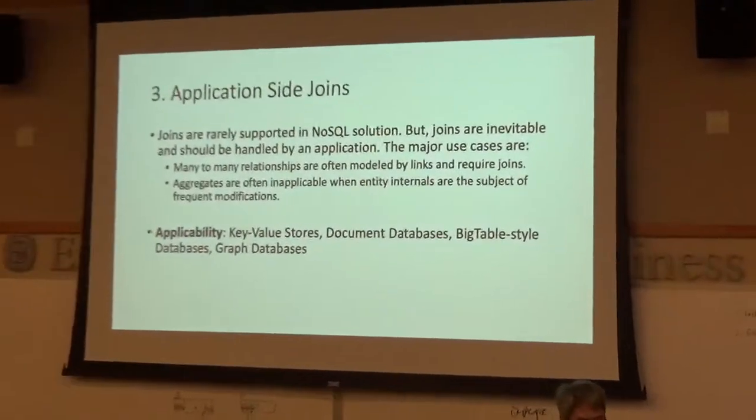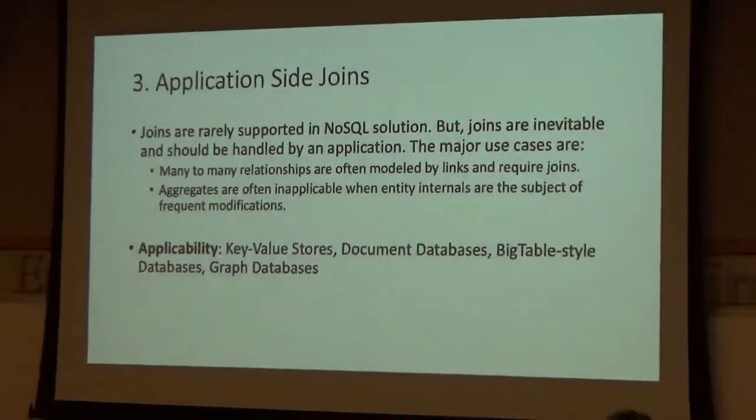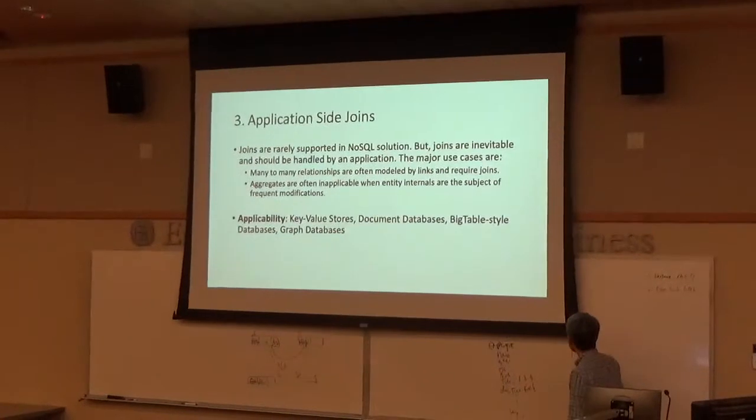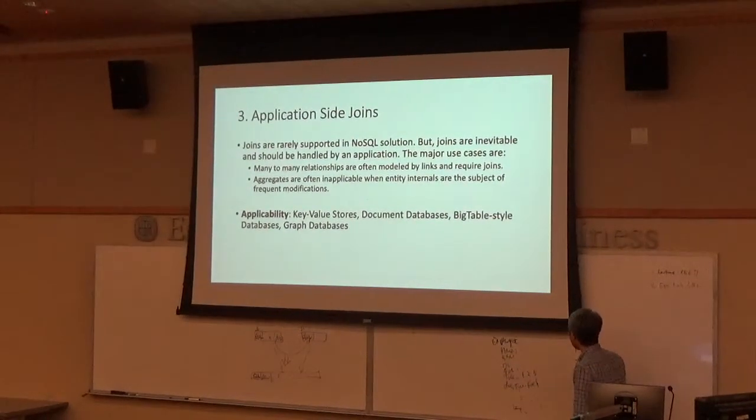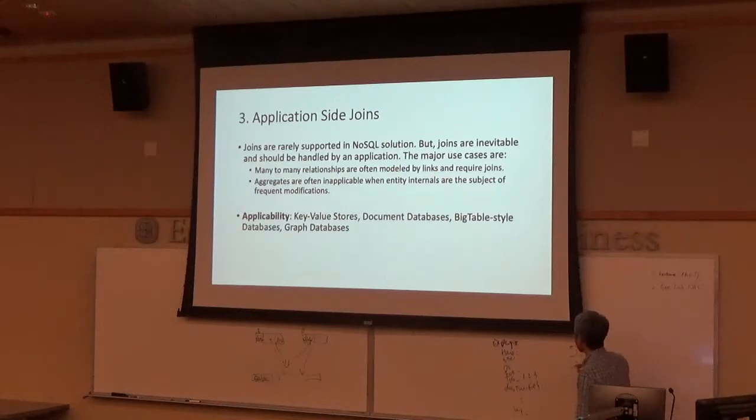Application side join means, for example, the job type is 1 or 2 or 3, and 1 is the secretary, and 2 is the technician, and 3 is the engineer type. This is a table. Then we can join. In case of the relational database model, we can join with this one. Employee has a job type, and in case of 1, it is the secretary, and so on. We can use join.